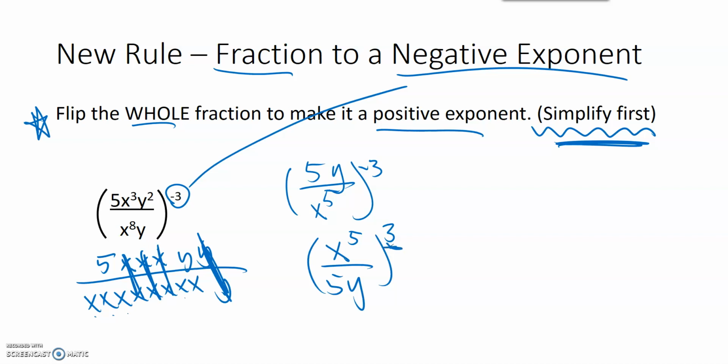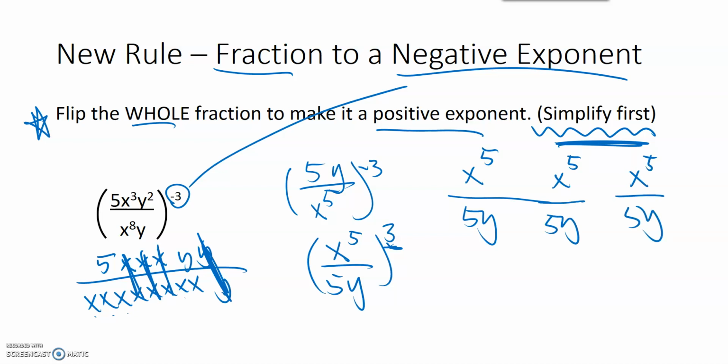Now that 3 here means that we multiply this out, or we write this out 3 times. So I'm going to have x to the 5th over 5y, x to the 5th over 5y, x to the 5th over 5y. And now we're multiplying, so we add our exponents.